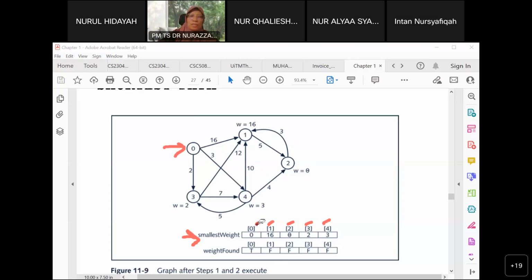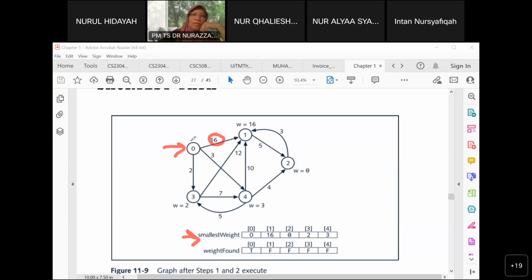Sekejap saya padamkan ni. Okay, here of course lah 0 ni first dekat situ tak ada weightage lagi kan. Okay, and then cuba lihat 0 1 here. Yang ini kan 16 ni. 16, so dia masukkan.